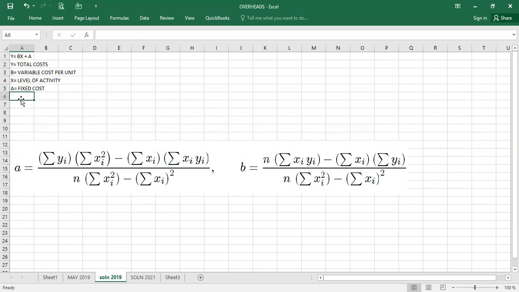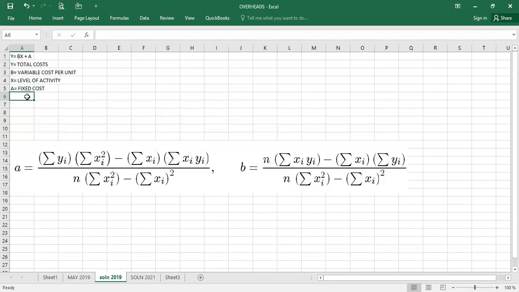But remember, when you're using regression analysis, this method gives the relationship between the total cost and the level of activity.